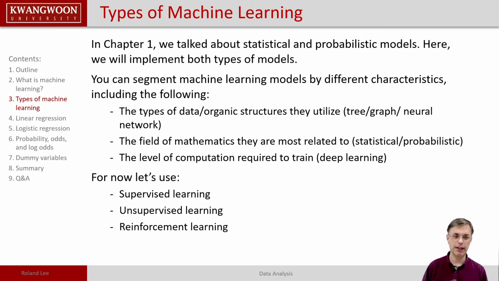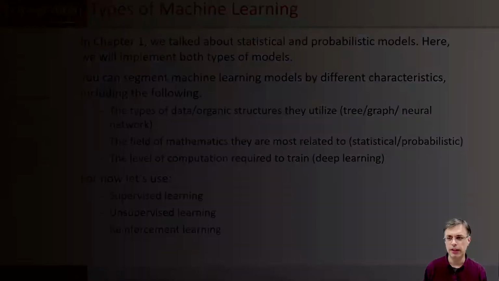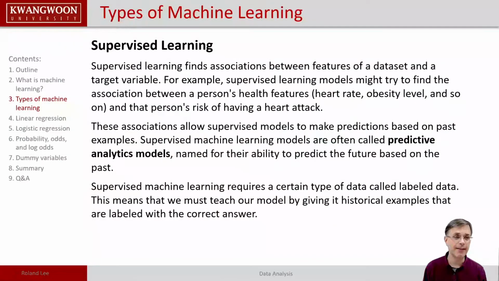So only for the purpose of education, let's see a simple breakdown of machine learning models: supervised learning, unsupervised learning, and reinforcement learning. Now, supervised learning finds associations between features of a dataset and the target variable.